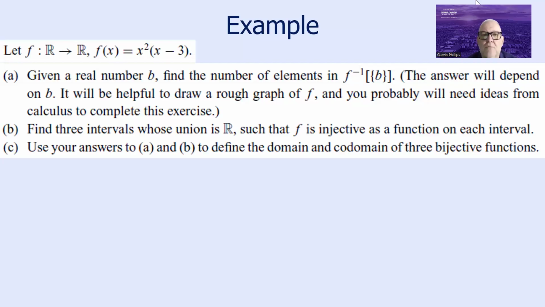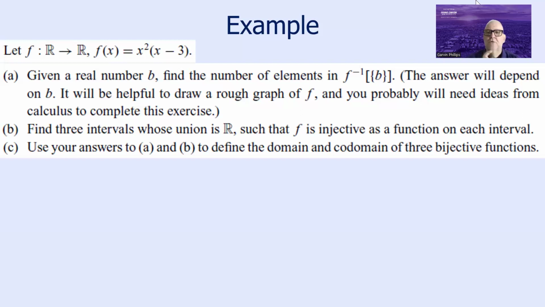So you can see where you have one element, because on some intervals you have only one element. On some intervals, you only have two, and then on others you have three. So please look at these intervals. Find the three intervals whose union is R such that f is injective as a function on each interval.